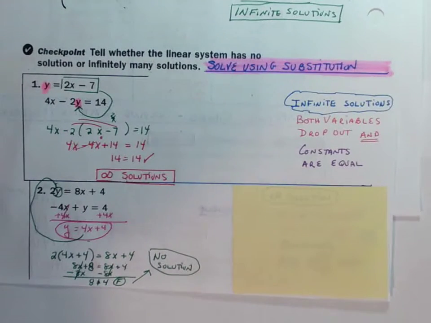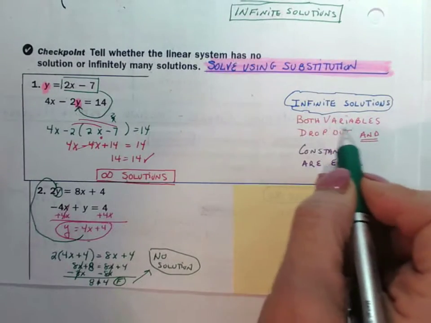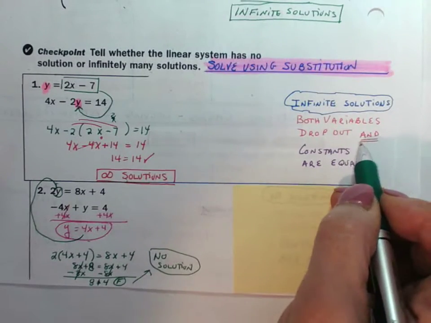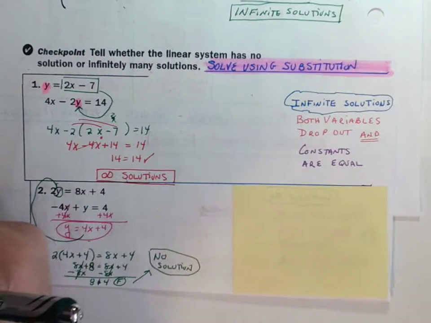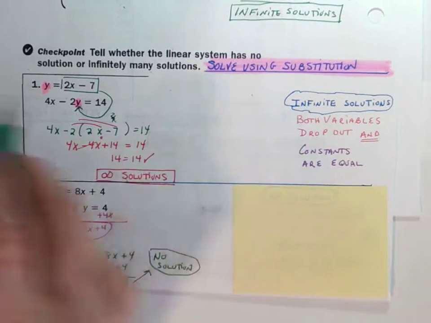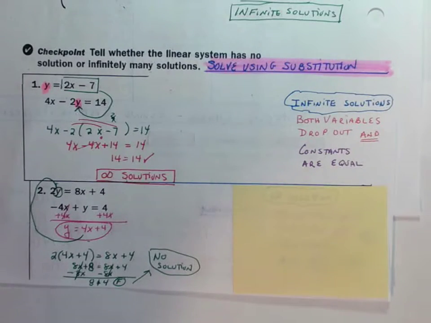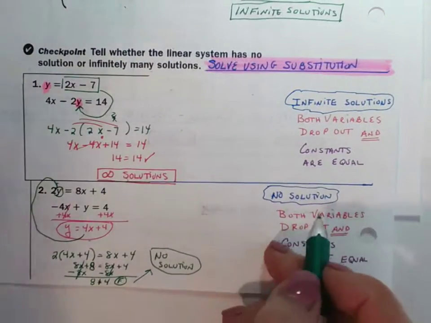So I'd like you to write this down. Infinite solutions. Both variables drop out and the constants, the numbers, are equal. The next one, no solution.